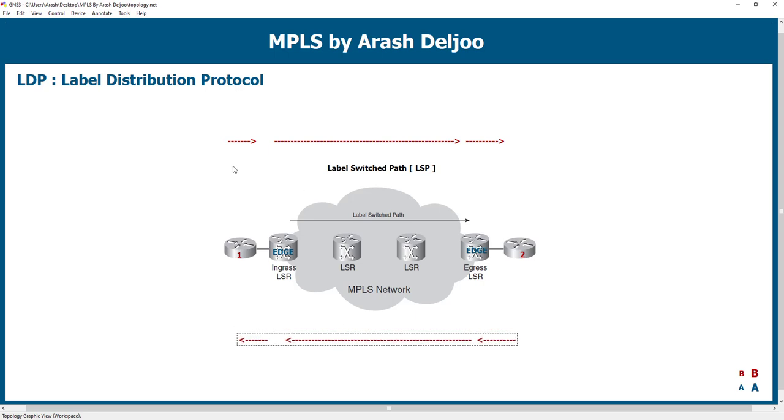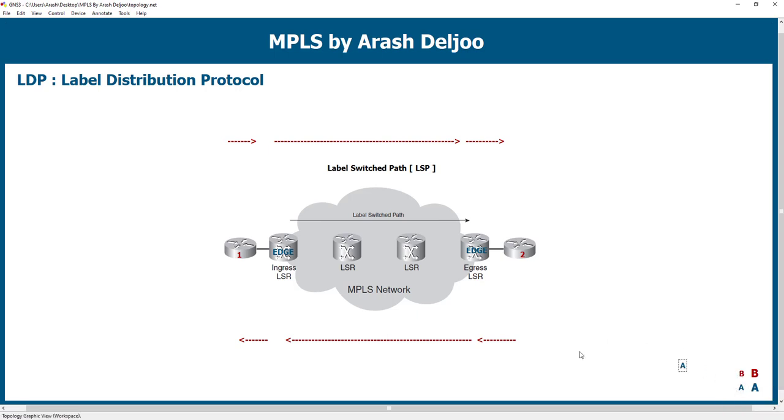This means that for the first packet we use this tunnel, and for the response packet we use another tunnel.